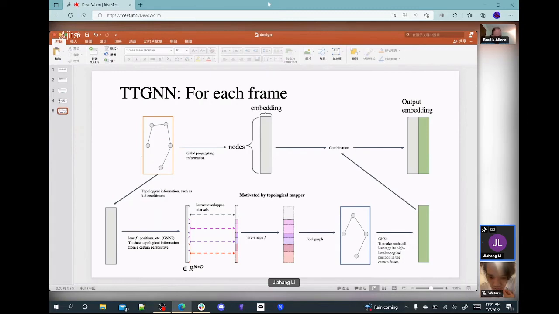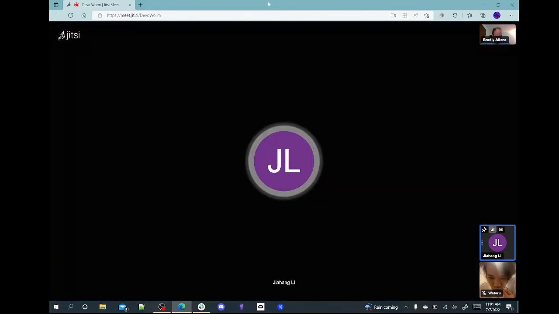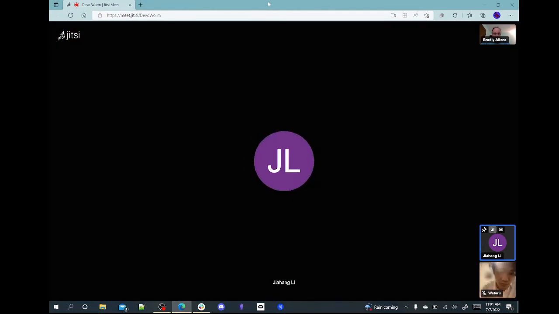This function will map the positions matrix into a one-dimensional embedding. And for this length function, I remember this paper called Deep Graph Mapper, and I have notes introduced here, and I will share this paper in Slack. This paper also motivates our design of this TT-GNN.